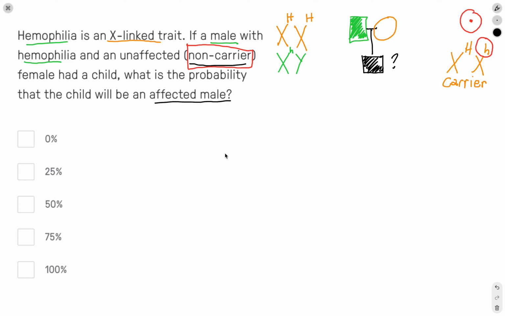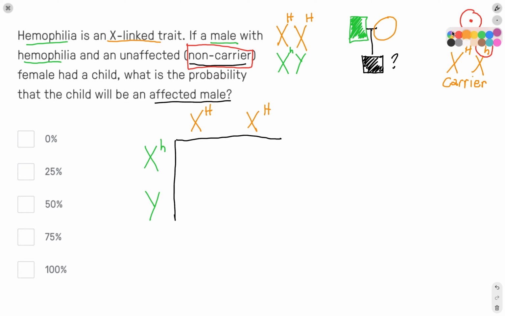So what do we have here? Our good old Punnett square, right? So let's see. She is an unaffected non-carrier. That means homozygous dominant, and he is an affected male. Right? So let's take a look.